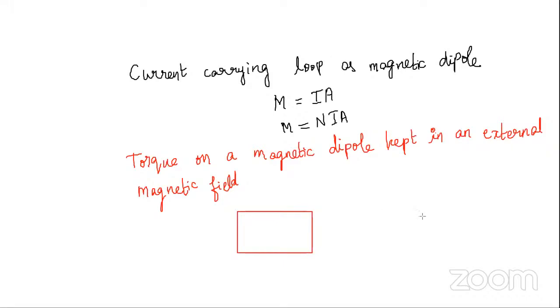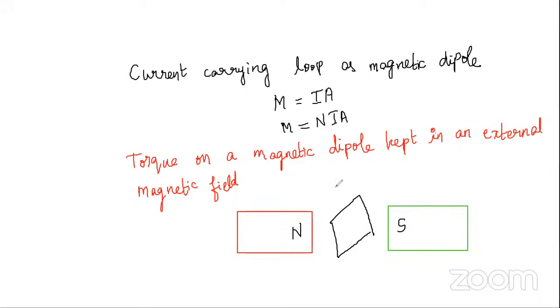You have your coil like this, a magnetic dipole, since a coil carrying current is actually a magnetic dipole.